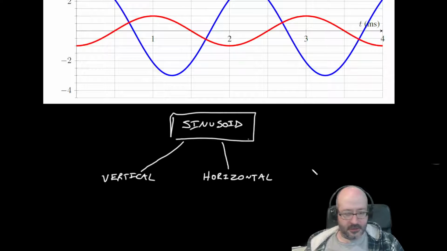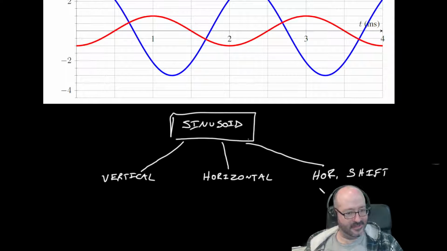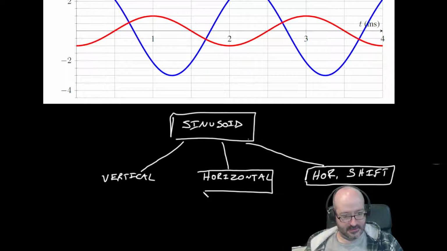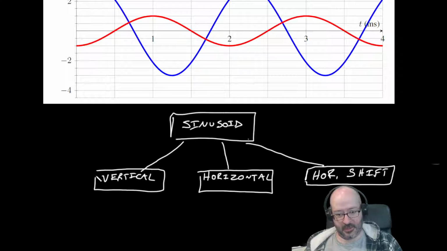And we can also talk about the horizontal shift. If we slide it back and forth, left and right, shift. Let's try to make that legible. I have high standards, clearly. Horizontal shift, the horizontal size, I guess I should have written size there, vertical size as well.